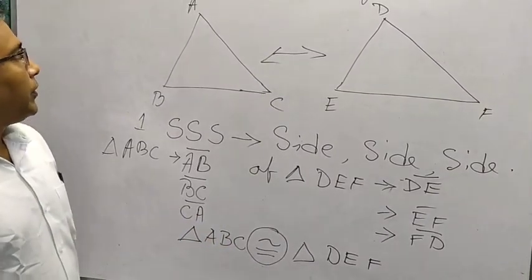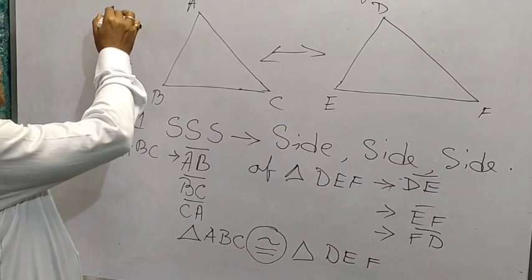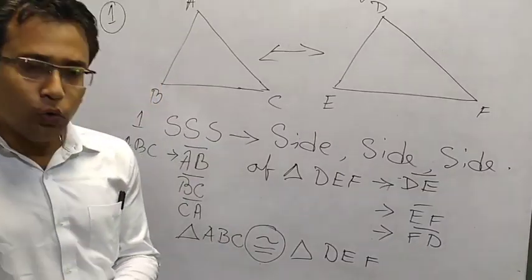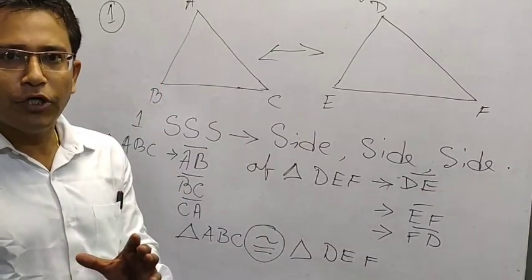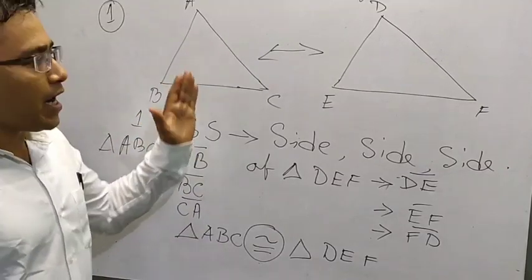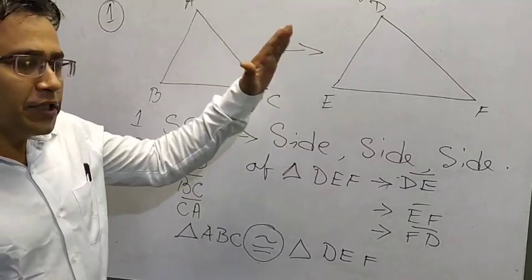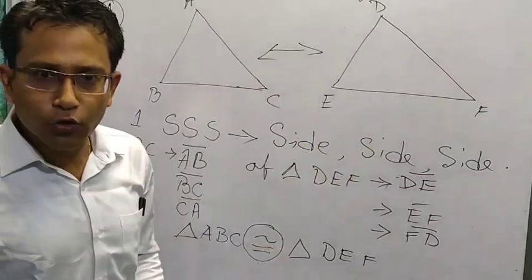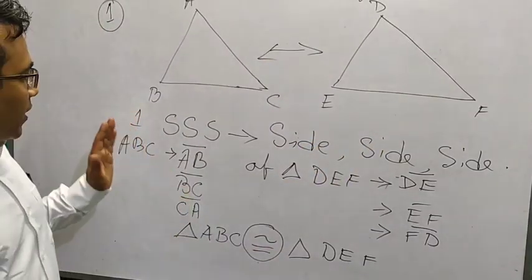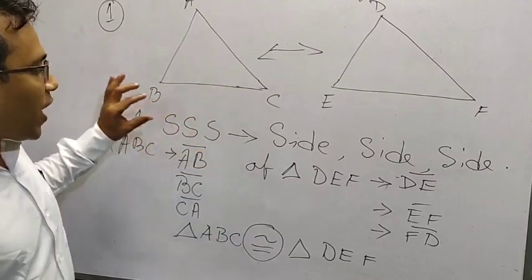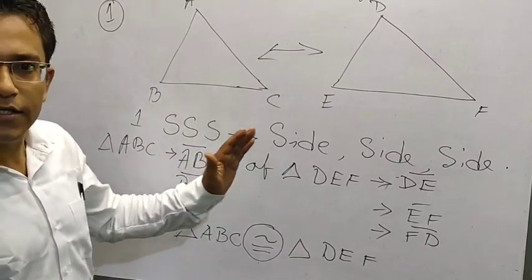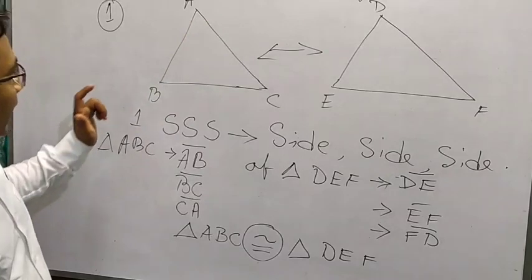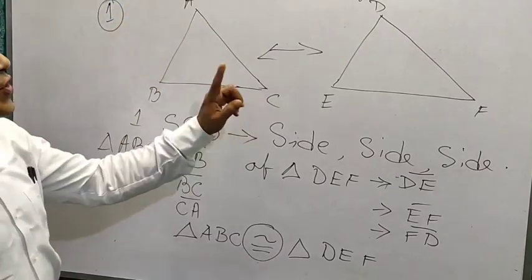Now I am explaining it again. Two triangles are congruent if three sides of one triangle are equal to the corresponding three sides of another triangle. In this condition, the congruence rule is SSS, side, side, side. Here triangle ABC has three sides AB, BC, CA.